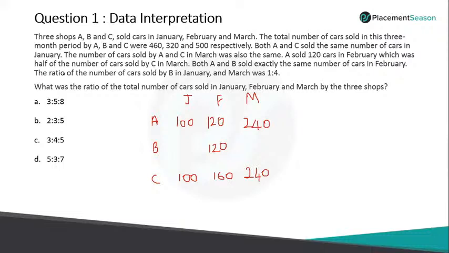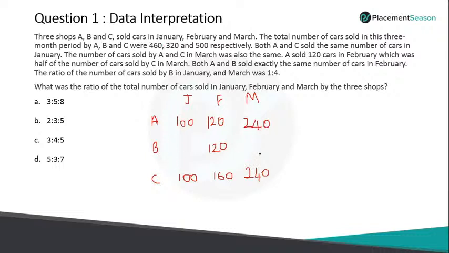The last condition: the ratio of the number of cars sold by B in January and in March should be 1:4. So here one part, here 4 parts of cars should be there from the remaining number of cars sold. B total is 320, that we know, and already 120 cars sold in February, which means January and March by B, the remaining should be 200.